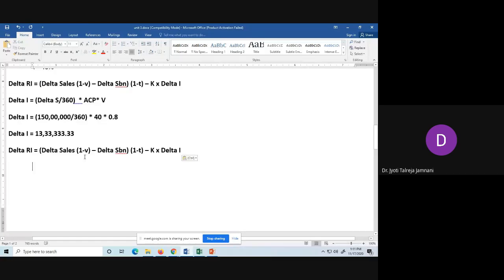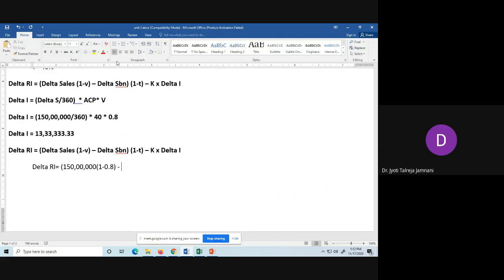Now let's go to delta RI, which will be the final answer. So delta RI is equal to, into bracket, delta S, that is nothing but change in sales, which is 150 lakhs, into 1 minus variable cost. So 1 minus 0.8 is the variable cost. So first we will do 1 minus 0.8.